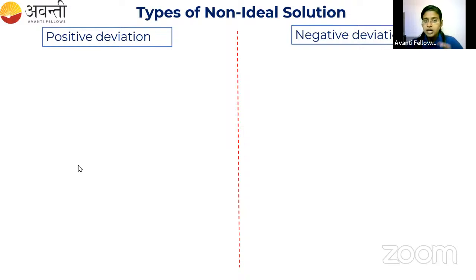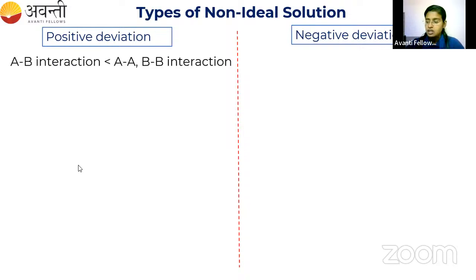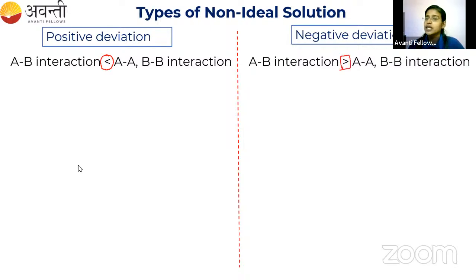More specifically, for positive deviation, the force of interaction of AB will be less than AA and BB. Then that solution will show positive deviation from Raoult's law. If the case is opposite, meaning AB interaction is more compared to AA and BB, then those solutions will show negative deviation.